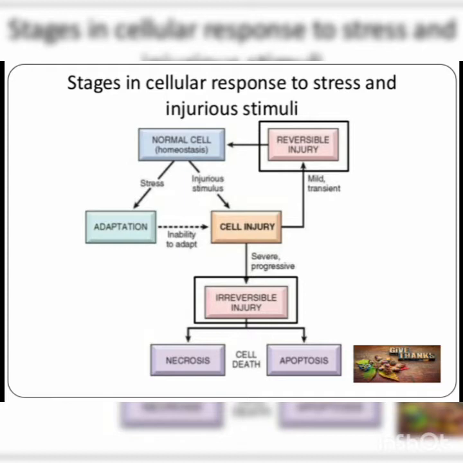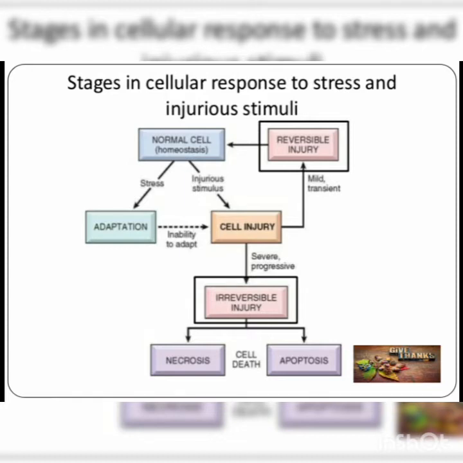Up to a certain limit, the injury is reversible and the cell returns to a stable baseline. However, severe or repetitive stress results in irreversible injury and death of the affected cell. Therefore, initially the cell adapts to a stressful response. But then, if the stress persists, the cell undergoes reversible followed by irreversible cell injury, finally leading to cell death.